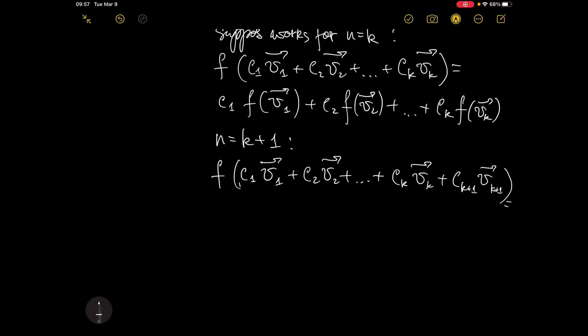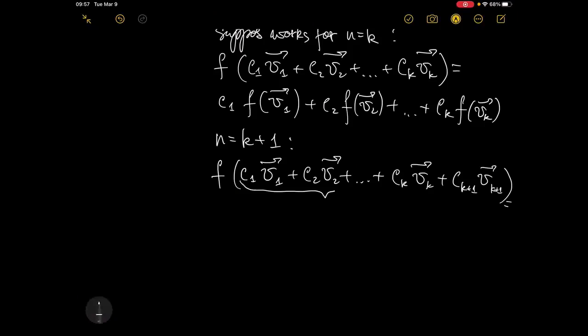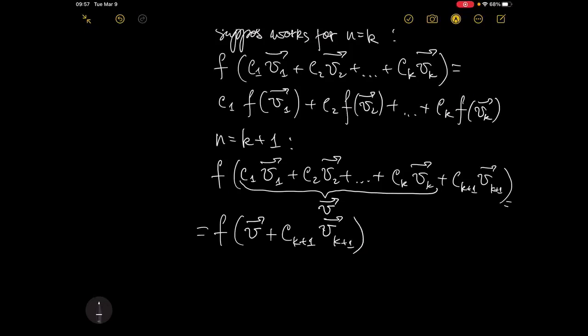So let me denote this as v, right? Then I'm getting f of v plus ck plus 1 vk plus 1. Okay, this is just some vector which I can call w.